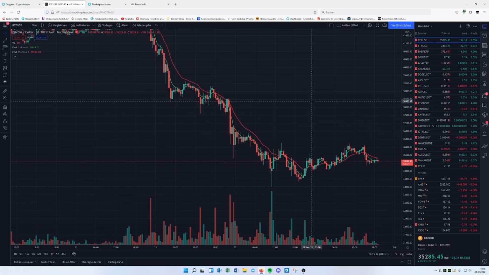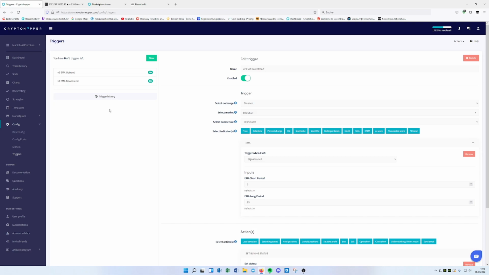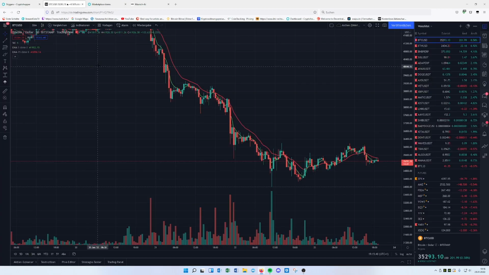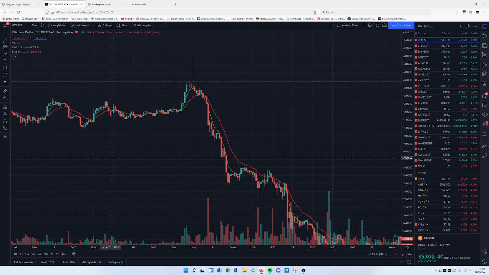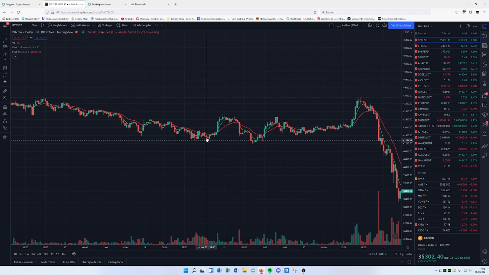You can have both of these triggers, as I explained in the video. The crash protection, you can use it, or you use the EMA trigger. If you want to use the EMA trigger, I really want to say it again, because some strategies will buy, for example here, because they're looking for bigger dips to give you more percentage of profit.